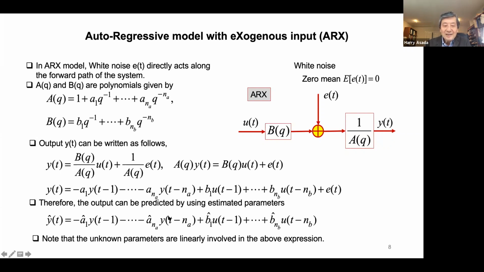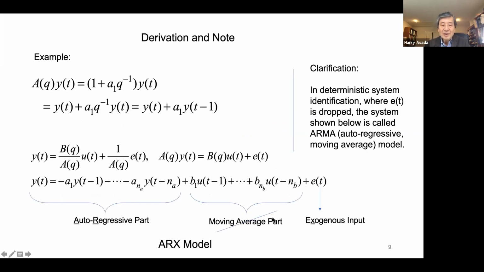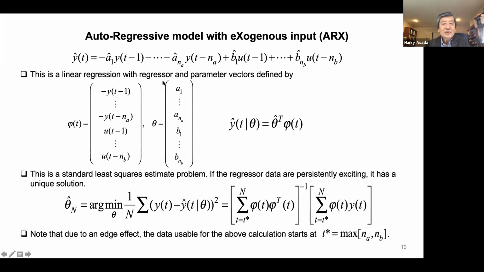Now, if you look at this, interestingly, the parameters you want to estimate, B1 to B_nb and A1 to A_na, are linearly involved in this expression. So this is good news? Yes, this is extremely good news, because we can write this output prediction as a linear regression like this.